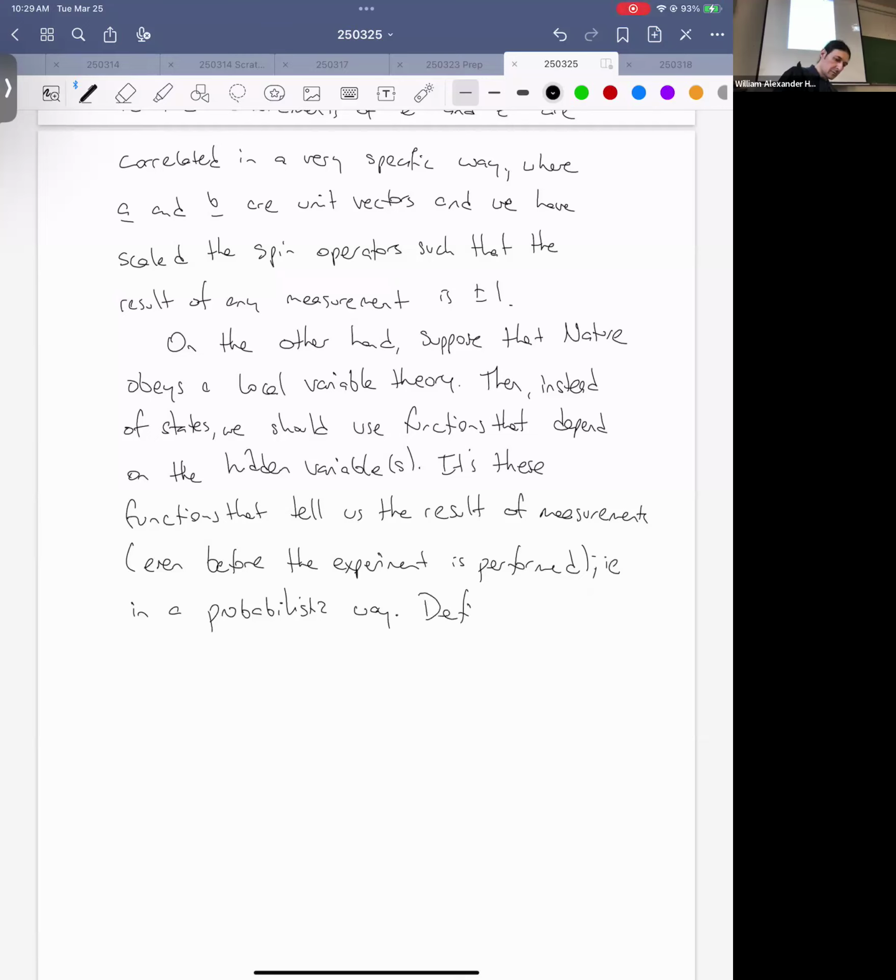Okay, so define, say, E plus of this A vector and lambda as this function for the E plus measurement. It's the function associated with the E plus. It has to depend on the direction of the measurement, and it's allowed to depend on any number of hidden variables.